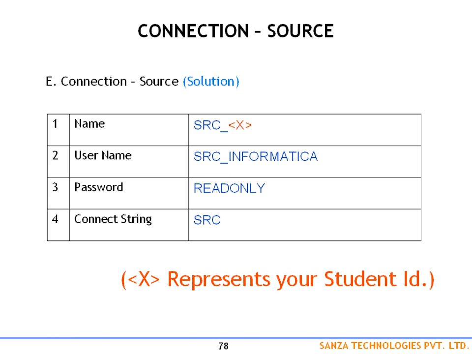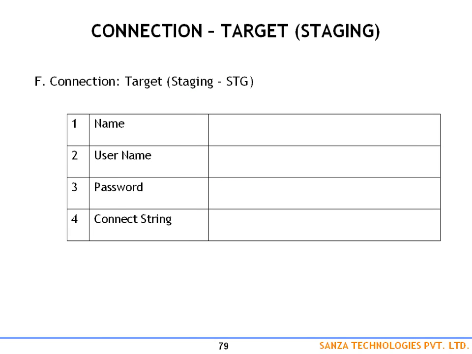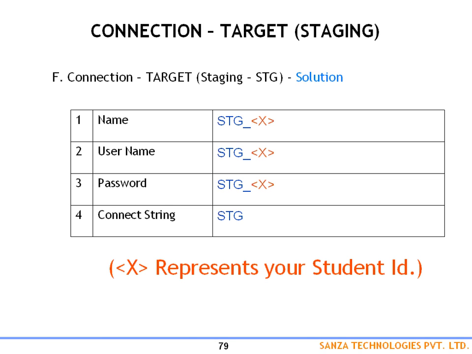Then after you have written this, we also need to create for stg. Write the name as stg_your_id, the username also stg_your_id, whatever ID we have given, password stg_your_id, and the connect string is stg.